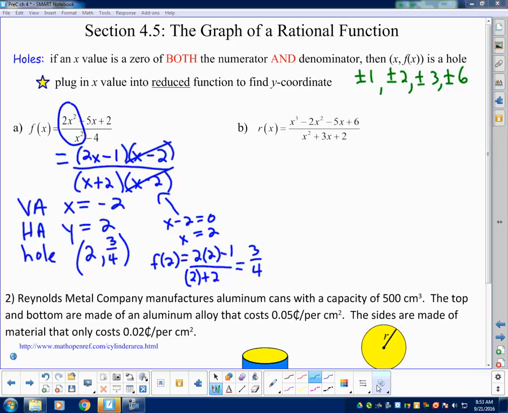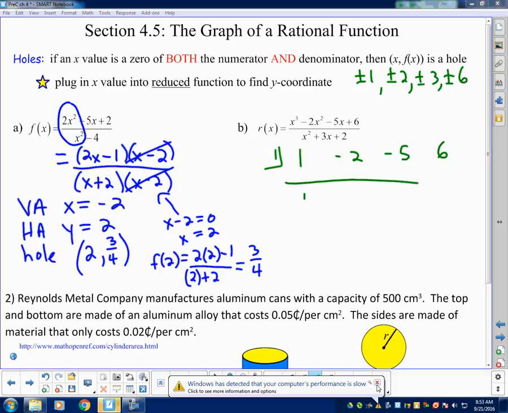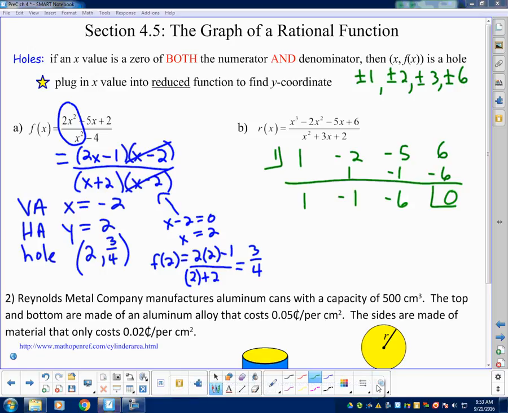Justin said 1 worked. So if 1 worked, that's always convenient. So okay, 1 worked.